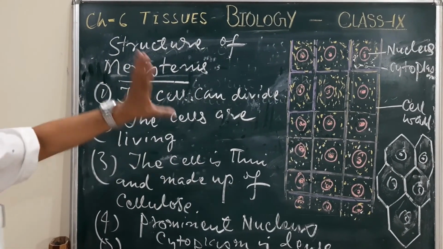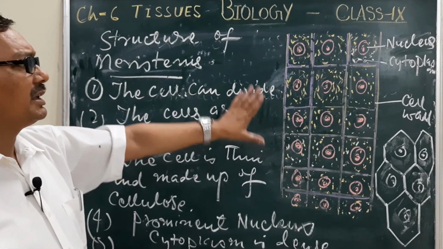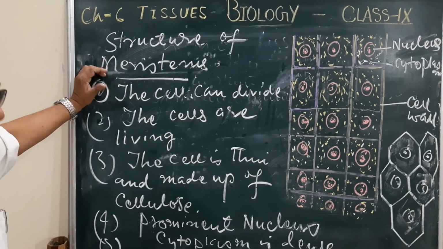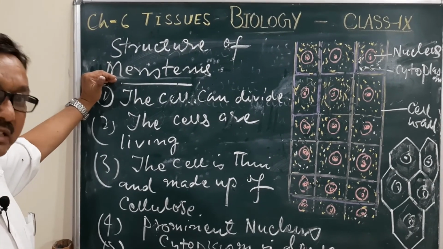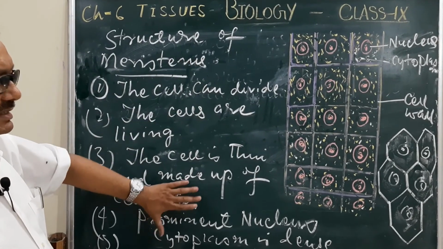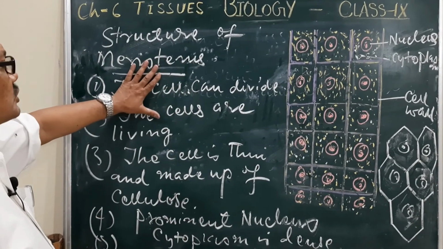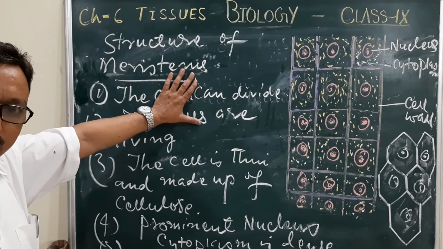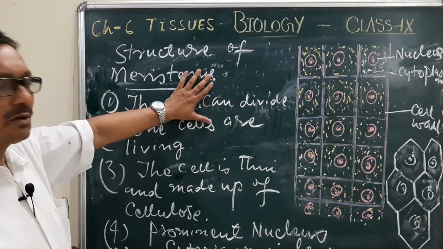So here I have given some brief description about the structure of meristems. In the next class we will discuss some more characteristics, and also the different types of meristematic tissue and their important functions.